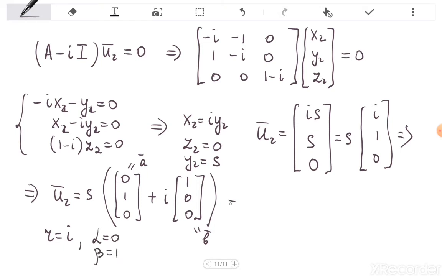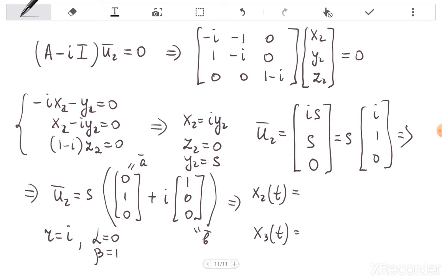So therefore x2 of t and x3 of t we will get from these complex vectors. So x2 of t now is e to the alpha t, and alpha is 0, so we don't have e to the alpha t here.